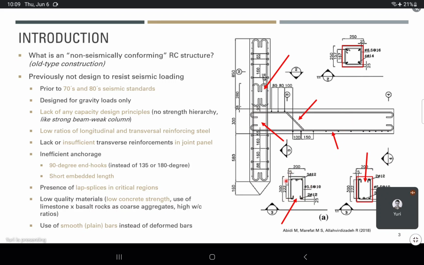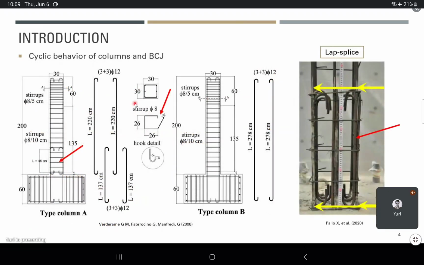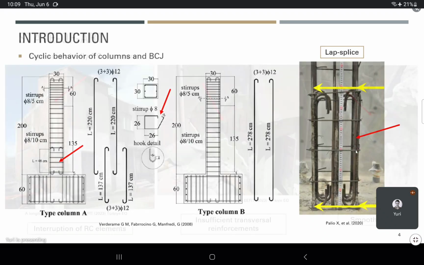This is really concerning in seismic prone areas, and we have beam-columns that do not have enough strength towards flexure. Other examples here in columns: lap splices and details of 90-degree hooks at stirrups. This cannot provide sufficient confinement, and this is a main example of smooth bars with lap splices.